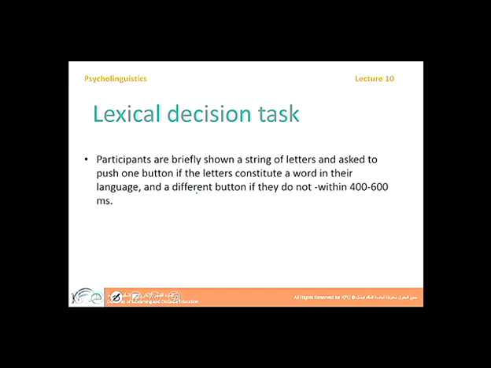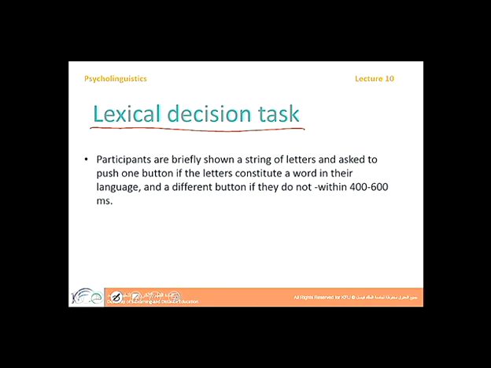The scientific evidence that we have comes from lexical decision tasks. In this task, participants are briefly shown a string of letters. A string of letters, you know, A, B, C, D, or whatever. C, A, T, S, for example. String of letters.